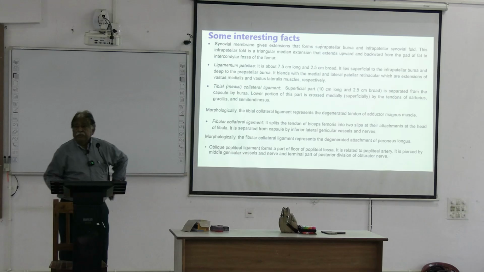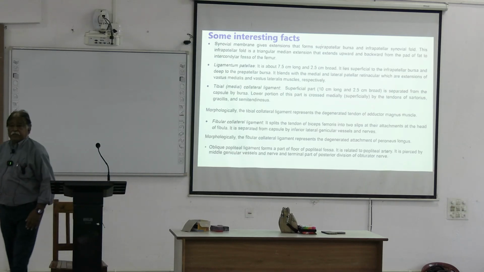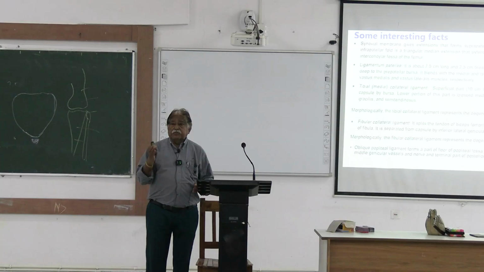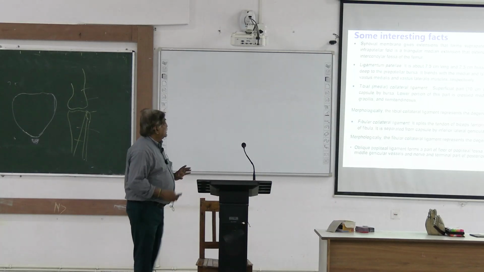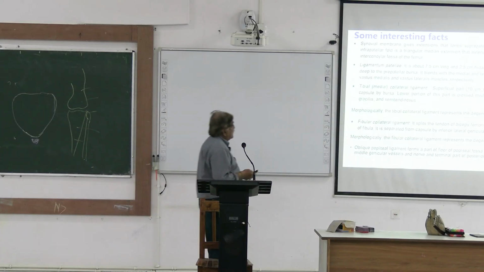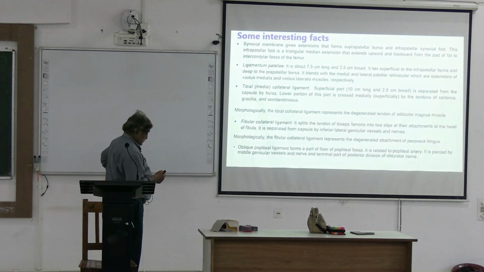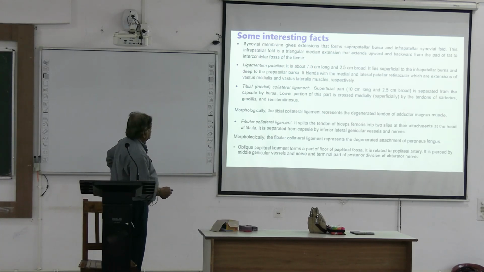That figure I showed you, in that portion the muscles are coming: semimembranosus, semitendinosus, gracilis, sartorius, all these muscles. Now, morphologically, the tibial collateral ligament represents the degenerated tendon of adductor magnus muscle.